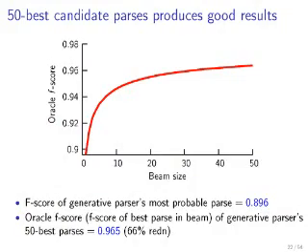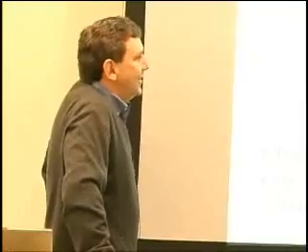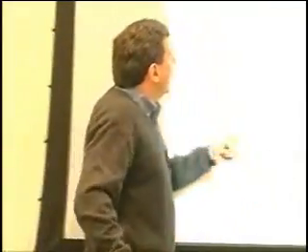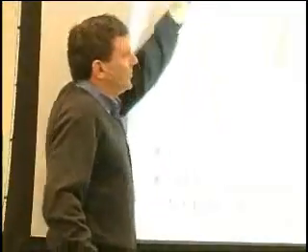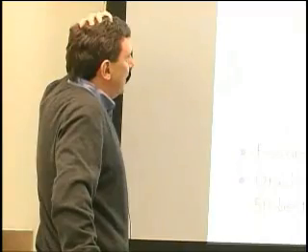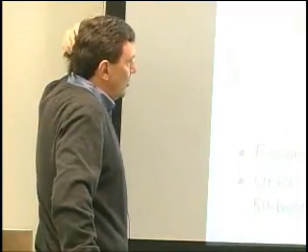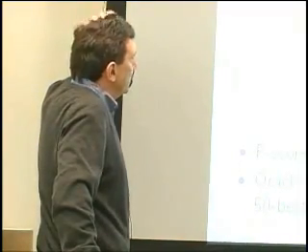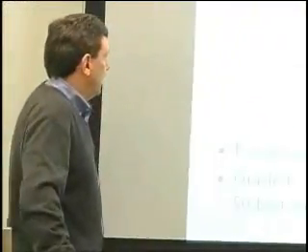So here's part of the argument for that. If we think of the number n as being like a beam, you can ask how the accuracy, which we're measuring using an F-score here, changes as we increase the number of parses. Of course it would be ideal if the accuracy went up to 100%, but it doesn't.